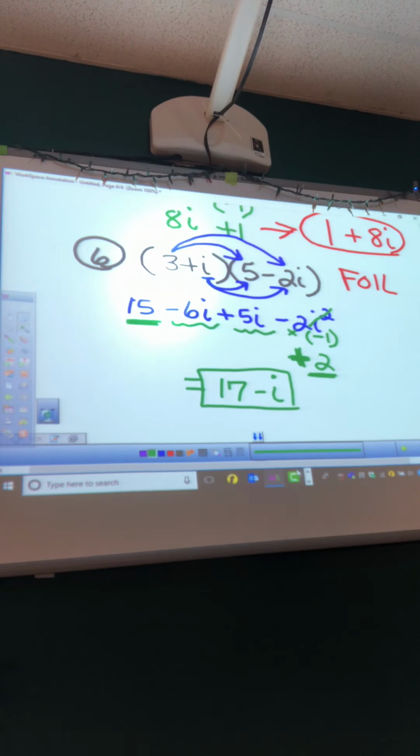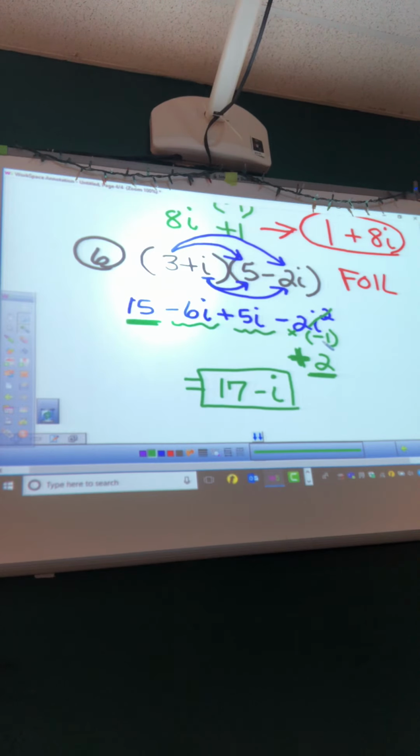All right, so again, FOIL, first times first. So 3 times 5 was 15. Outside, 3 times negative 2i gave me a negative 6i. Inside, i times 5 gave me 5i. And last term, so i times negative 2i is a negative 2i squared. i squared was negative 1.